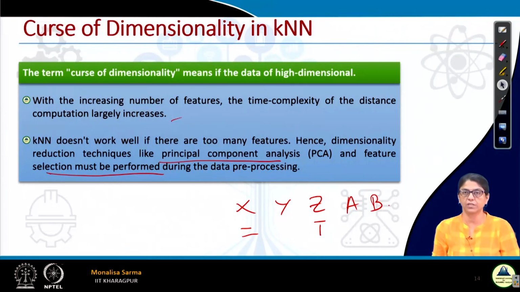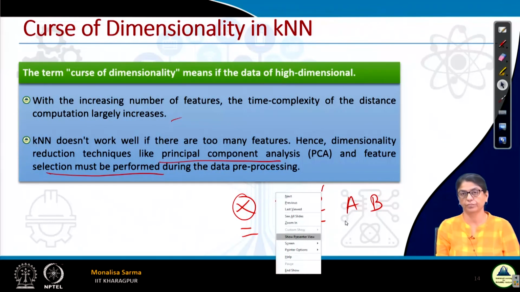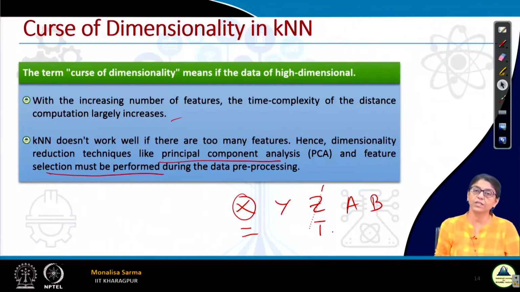But if we consider only X, that is sufficient, because X and Z are very much correlated, either positively or negatively. So we can just ignore one. Given the feature set, we can find out which attributes are correlated. If attributes are correlated, we can avoid taking all of them. That is one way of reducing the features.